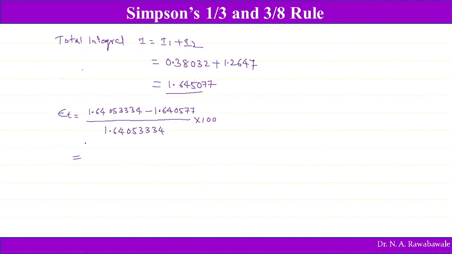So the error is going to be minus 0.0026%. So this is how the error is going to get reduced. This error is again still less than the previous errors.